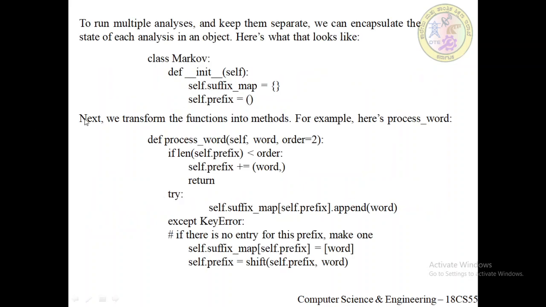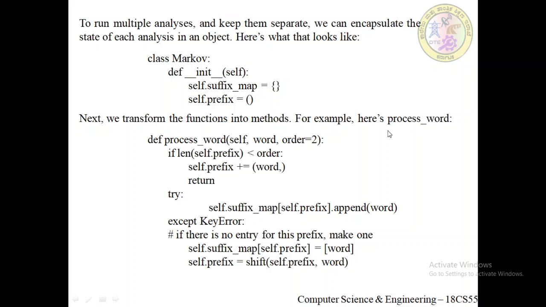In this case, to run multiple analyses, we keep them separate and we can encapsulate the state of each analysis in an object. Here is what it looks like in the init. Instead of keeping them outside, suffix_map and prefix have been written inside the class itself. Then we can transform the functions into methods.